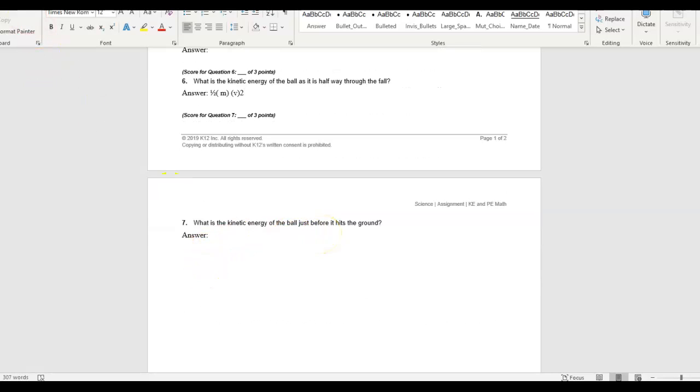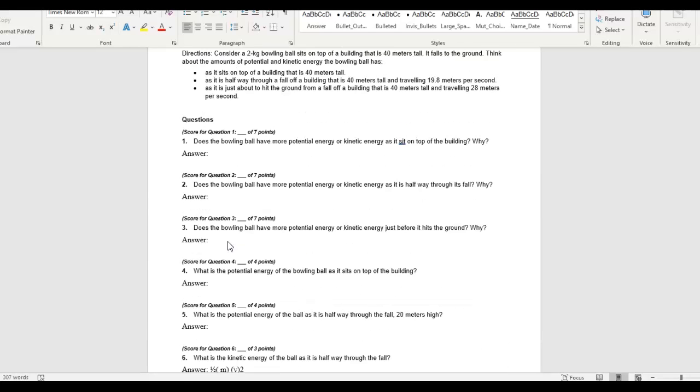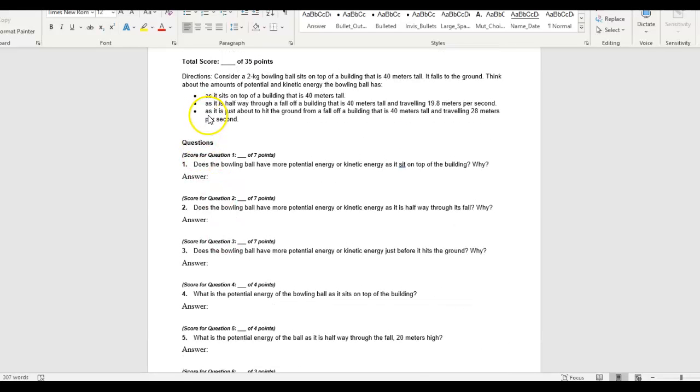All right, so as we're solving the last one on the kinetic energy, the ball before it hits the ground, you do have to look back up to get the speed. It says, as it is just about to hit the ground, from falling off the building that is 40 meters tall, it is traveling 28 meters per second.